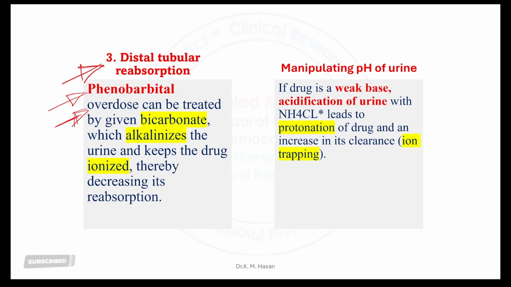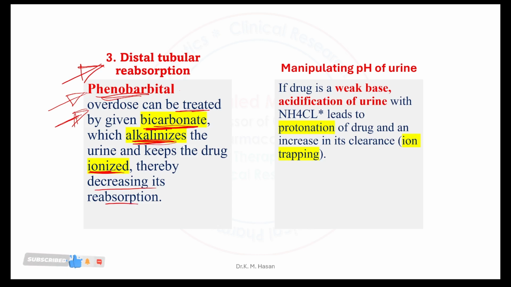So if a patient comes to the clinic with phenobarbital toxicity, we can treat this patient by giving bicarbonate. Bicarbonate alkalinizes the urine, and this will ionize the phenobarbital and decrease reabsorption.